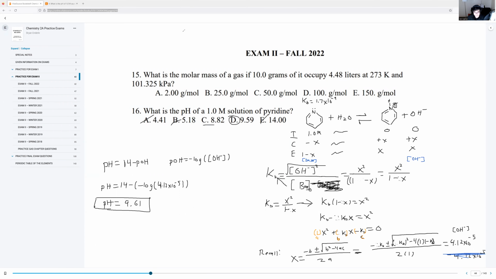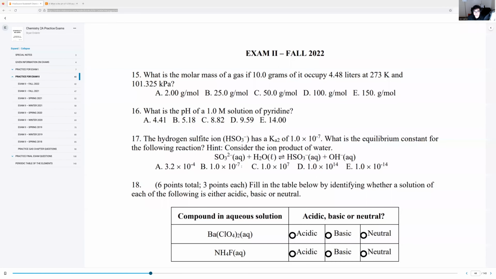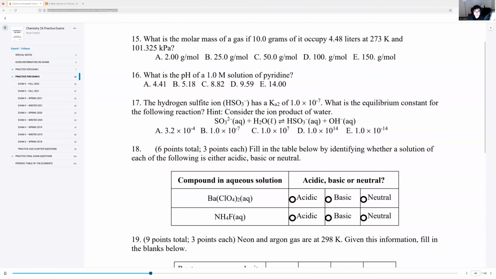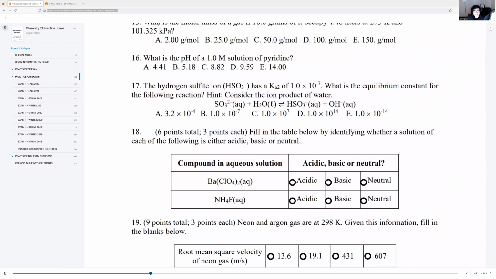All right. Go on to number 17 here. It says the hydrogen sulfite ion HSO3 has this Ka. What is the equilibrium constant for the following reaction?